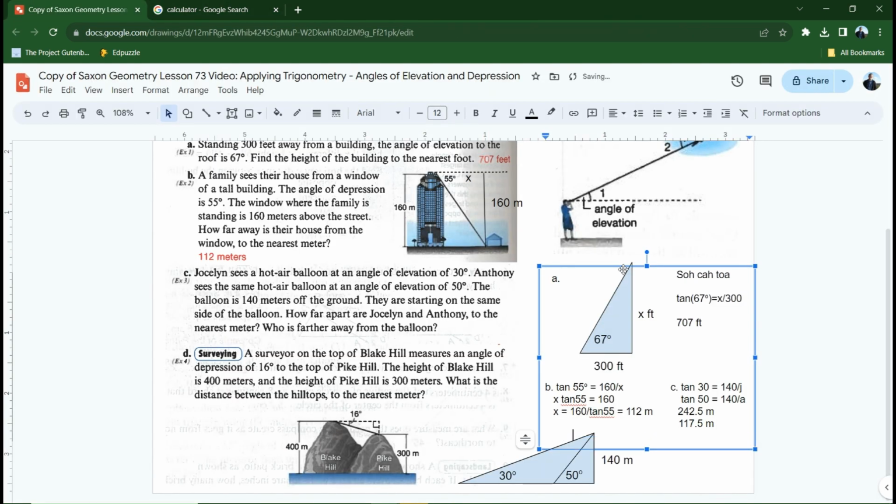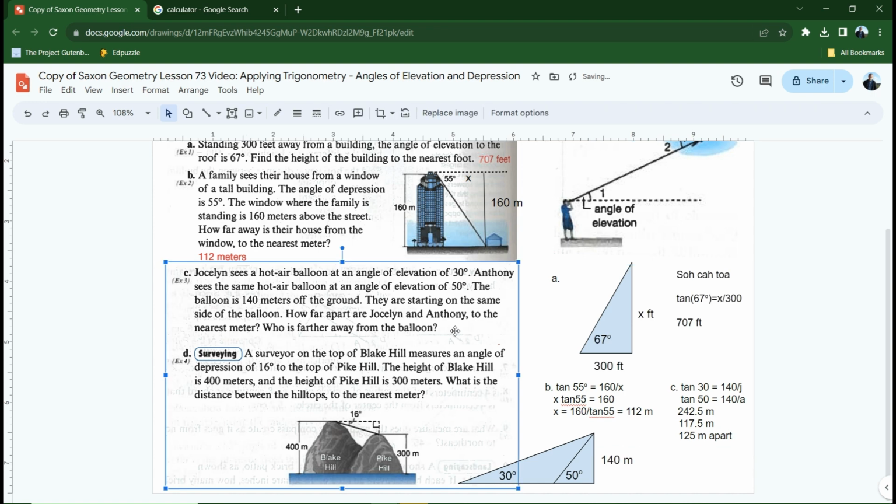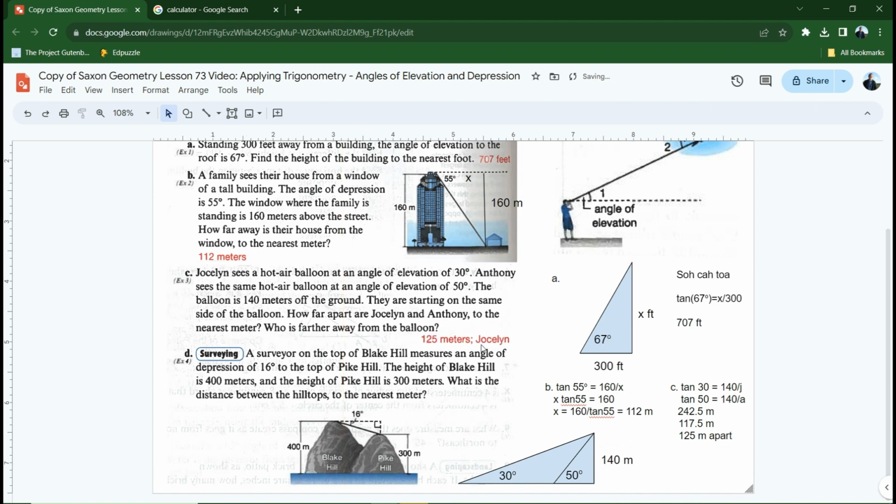So we're just going to write that as our answer, and we'll see if that's correct. 125 meters apart. Who is farther away from the balloon? We knew that was Jocelyn the entire time.